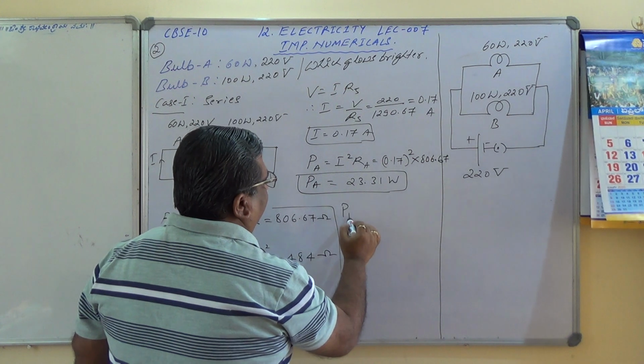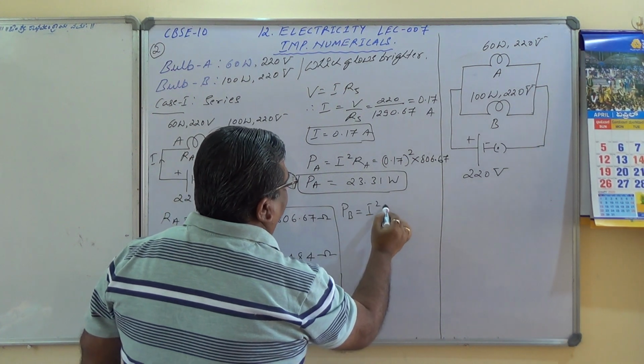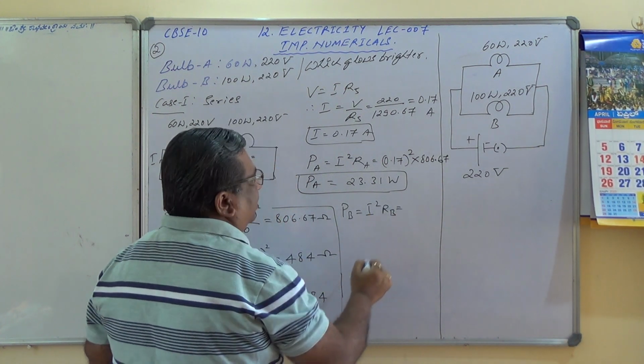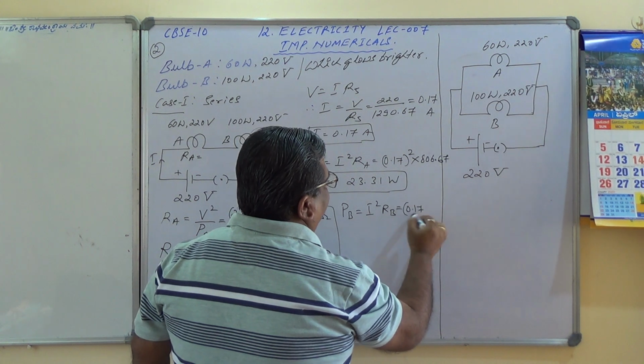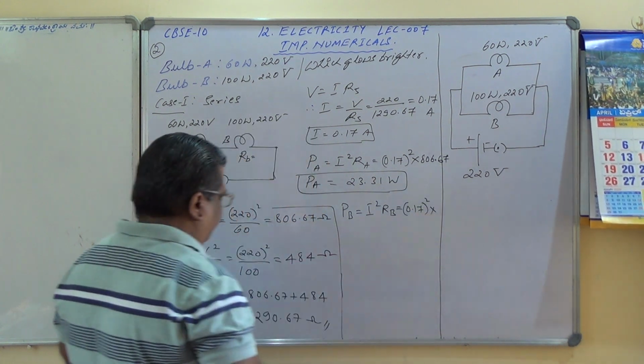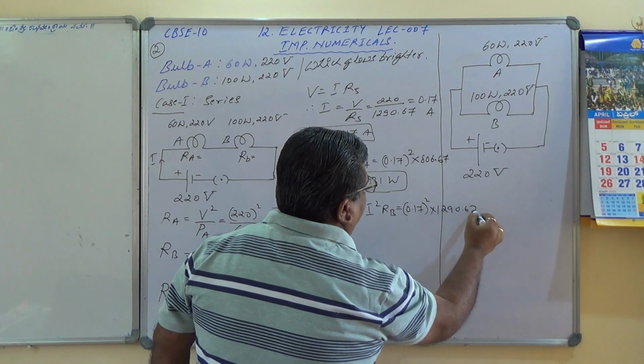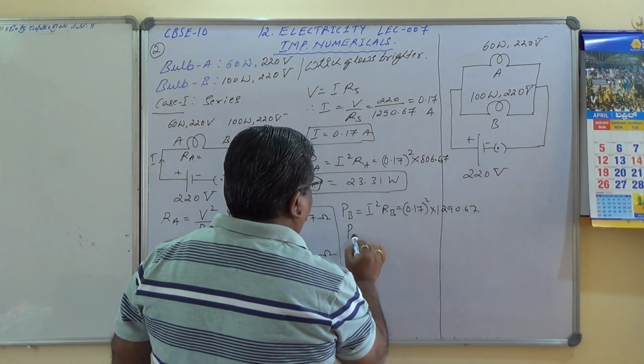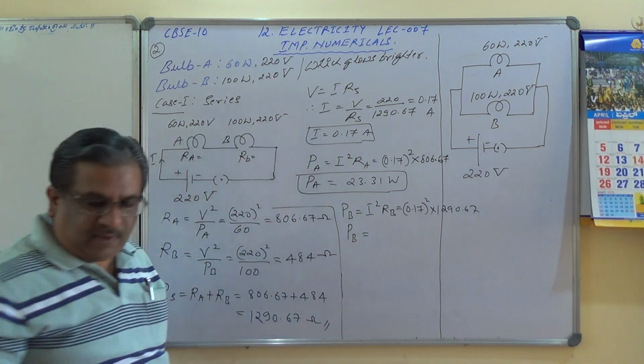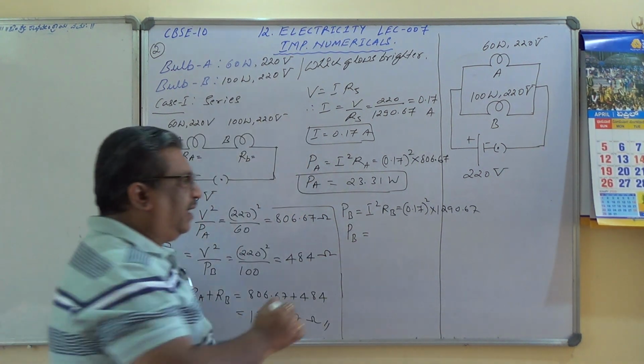Similarly, power B equals I square into RB, which is 0.17 the whole square into 484, and PB equals about 13.98 watts.